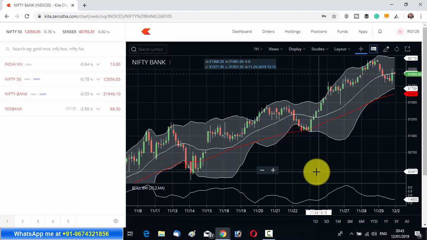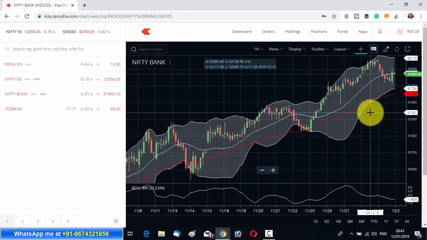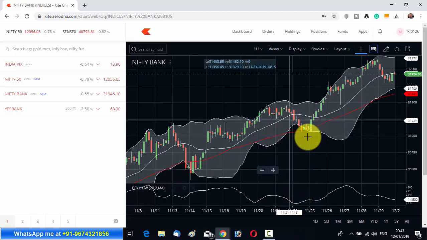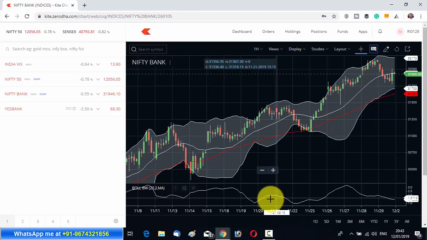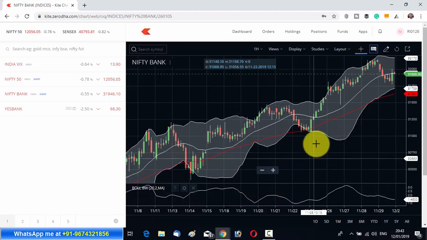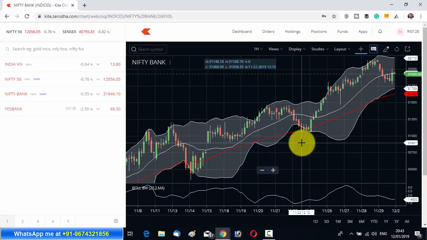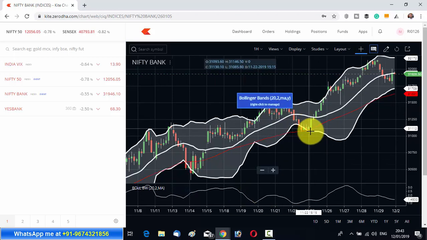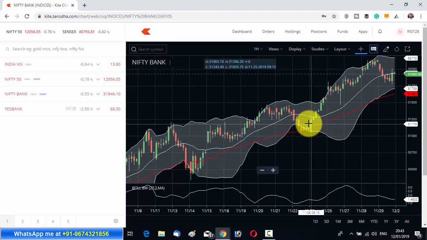So whenever the larger trend is up, if the price is touching the lower Bollinger Band and we have got a low reading on the Bollinger Bandwidth, we will try to buy the market. This is the position where you can make an entry, because you know the larger trend is up, the market has very low volatility, and you have got a nice dip because price has touched the lower Bollinger Band. From here you can expect a rally. The same thing happened, you have got a rally.